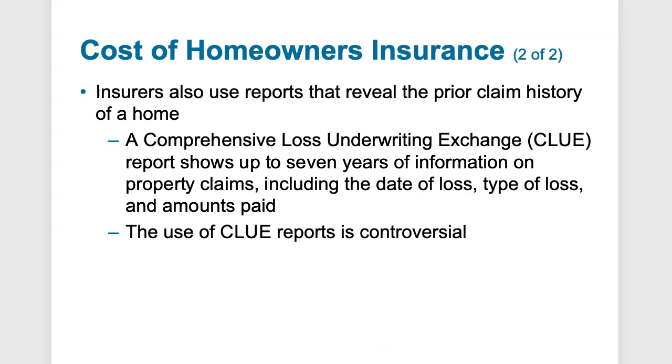Now, getting back to what I was saying before about prior claim history. These insurance companies have an exchange. So they're all going to be little snitches and report any comprehensive loss to this exchange, the CLUE exchange, the Comprehensive Loss Underwriting Exchange.